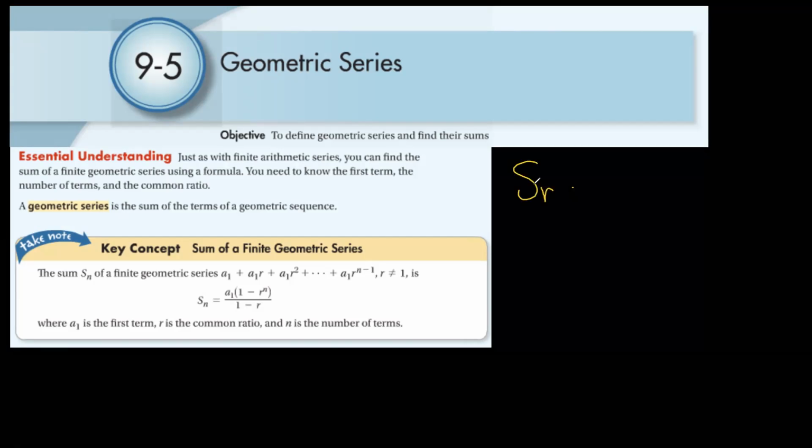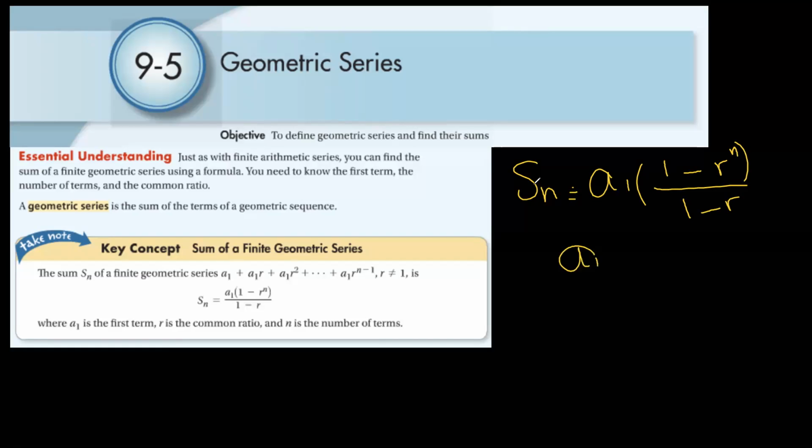We have to say that S sub n is A1 times 1 minus R raised to the power n over 1 minus R. So, if I need to find the summation for the finite series, I need the first term A sub 1, the common ratio R, and n, the number of the terms.